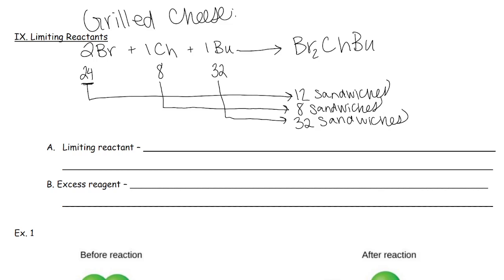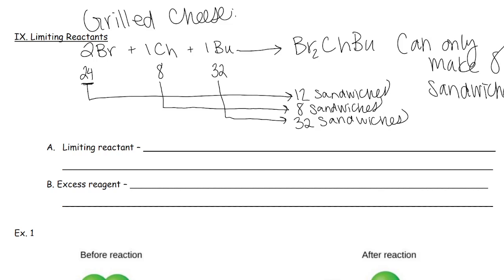So you could only make 8 sandwiches. If you wanted to make more sandwiches, what would you need more of? Cheese. In this case, we would call cheese our limiting reactant.